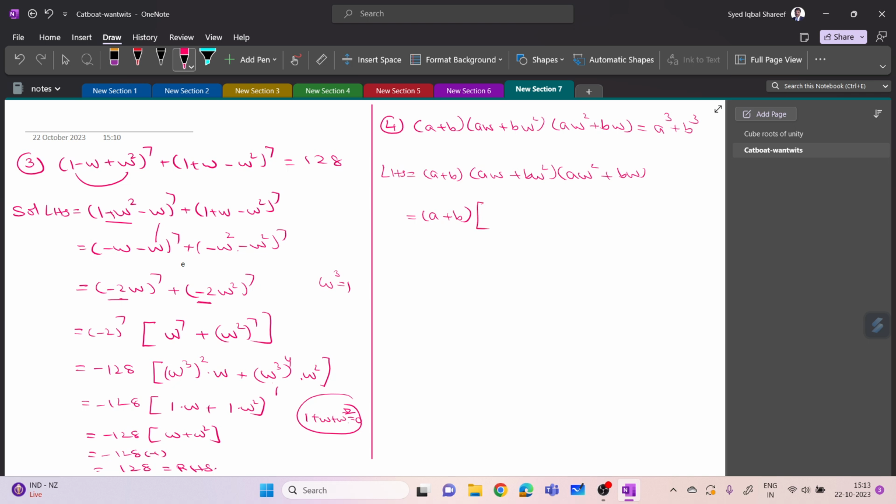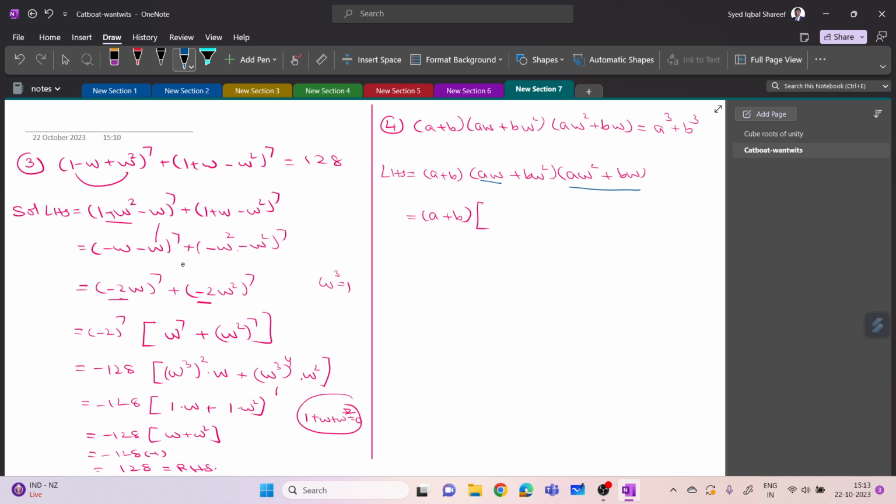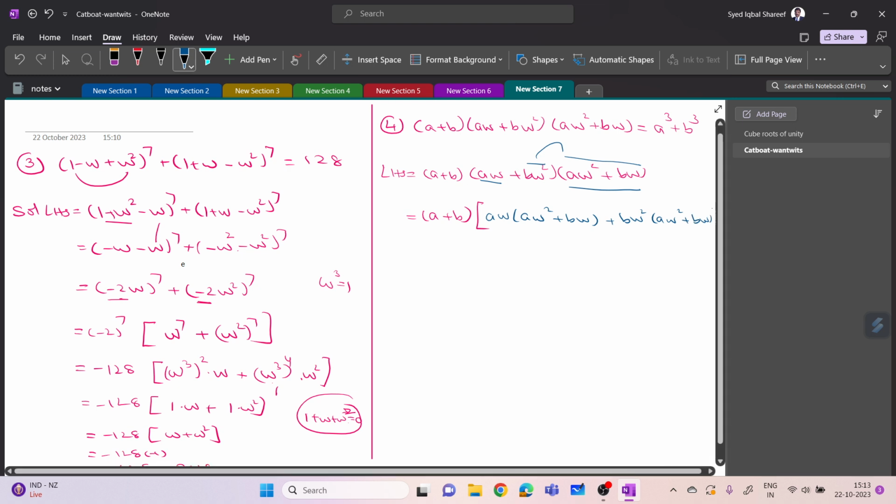Now these two: A omega plus B omega square into A omega square plus B omega. I will take it like this: A omega into A omega square plus B omega, then B omega square into A omega square plus B omega.